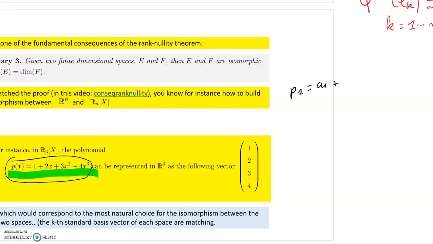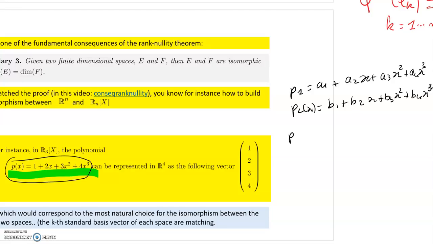And you can, for instance, remark that if I've got two polynomials, let's say P1 is equal to a1 plus a2x plus a3x² plus a4x³, and I've got p2 of x, which would be b1 plus b2x plus b3x² plus b4x³. You know how to make p1 of x plus p2 of x.